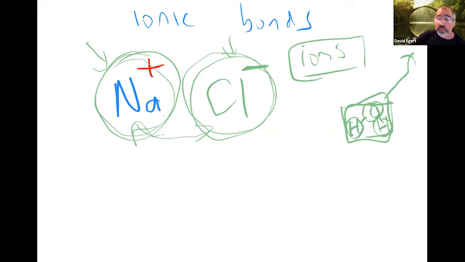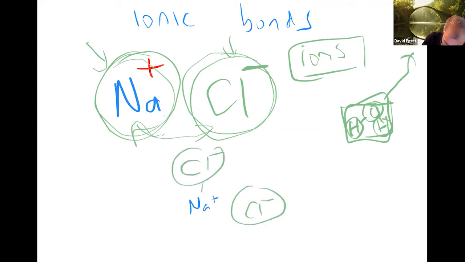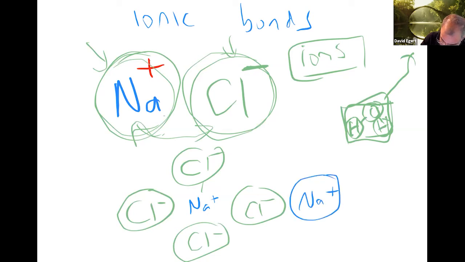So instead, you end up getting a big crystal lattice. You'll get Na pluses attracted to the Cl minuses, but then the Cl minuses get attracted to other Na pluses, which are attracted to more Cl minuses.